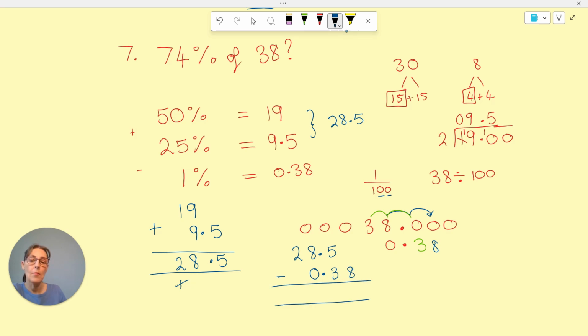Okay, that feels really uncomfortable, so I'm going to put a 0 as a placeholder here. So cross out the 5, turn it into a 4, carry 1. 10 take away 8 is 2. 4 take away 3 is 1, put in my decimal point. 8 take away 0 is 8. So we've got the answer is 28.12. Is that right? Yes. It's always nice when it's right, isn't it?